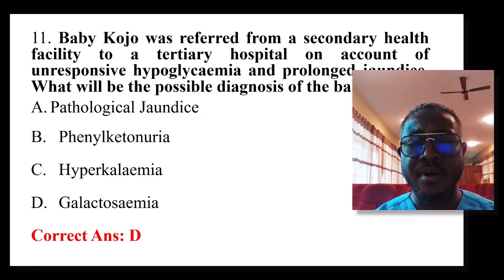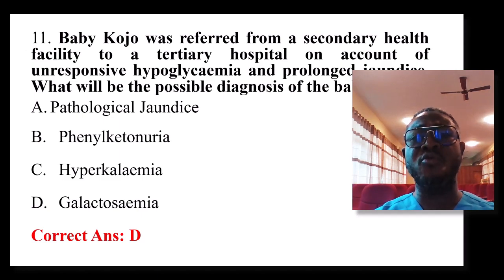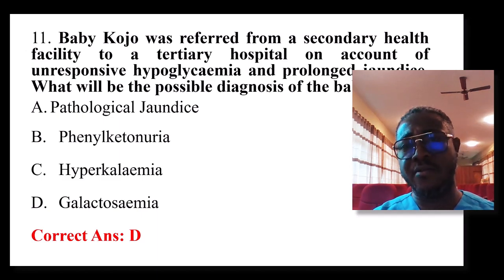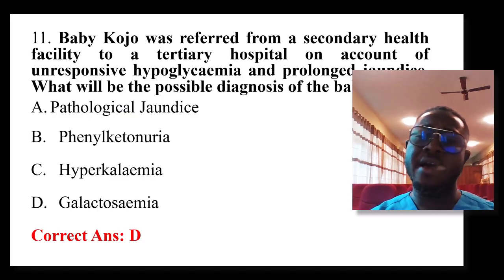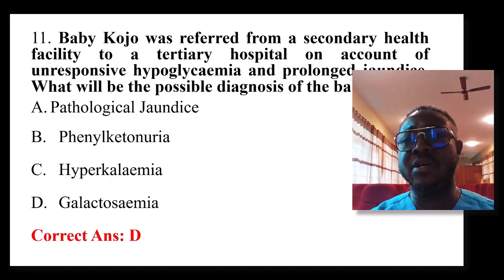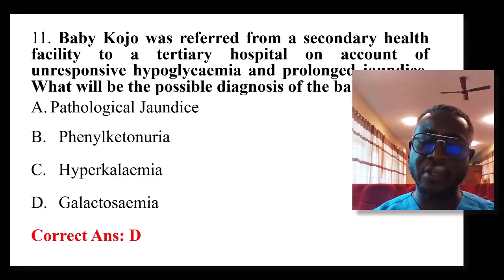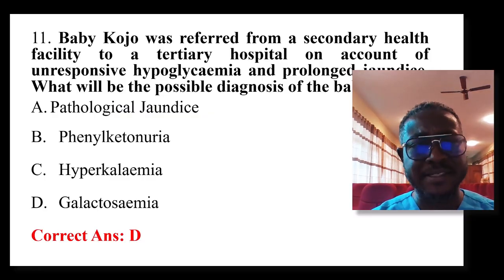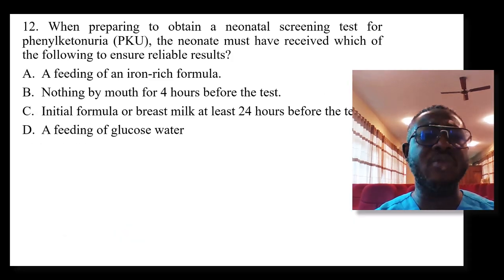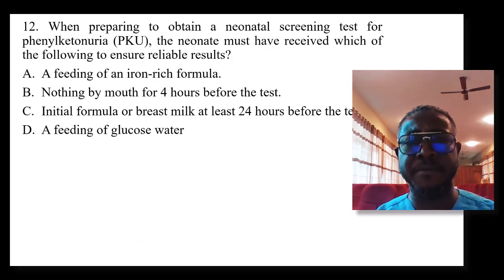So the liver will not be able to conjugate it for excretion, and that will lead to a build-up of unconjugated bilirubin in circulation, and hence the jaundice. That is the answer and the rationale. Now let's look at the last question.